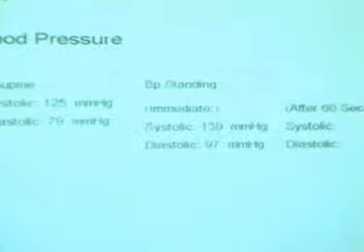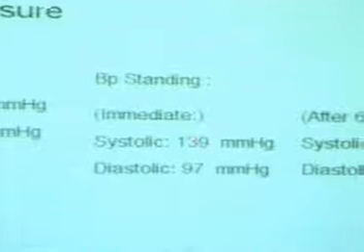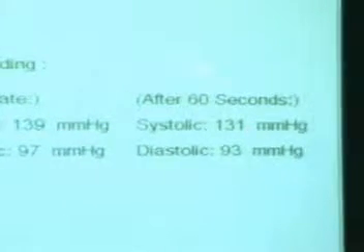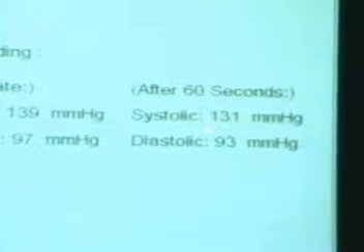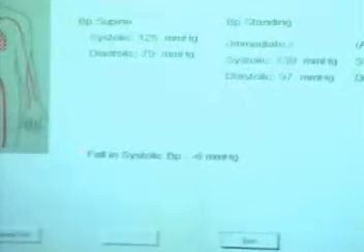His immediate BP on standing is 139 systolic and 97 diastolic. His systolic and diastolic BP after 60 seconds of standing is 131 and 93, and it automatically calculates the fall in systolic BP, which is -6 millimeters of mercury, which is within normal limits.